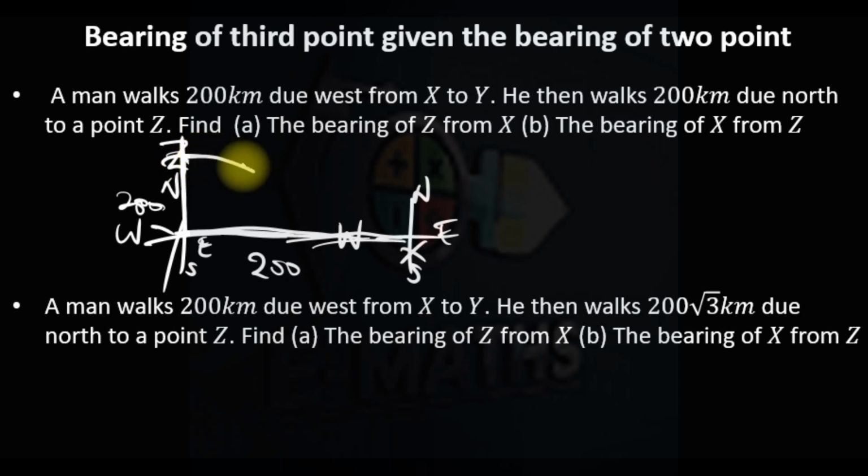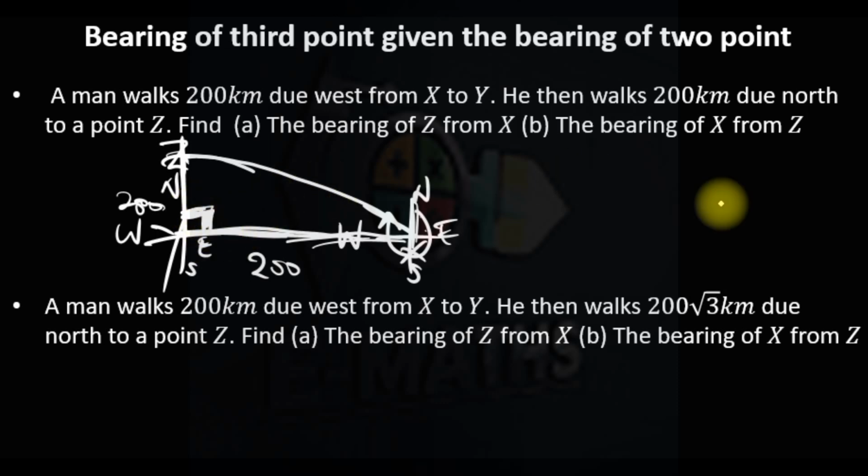So we need to connect Z. From X, so this is X, we have to get this angle. As you can see, we have a right angle triangle.